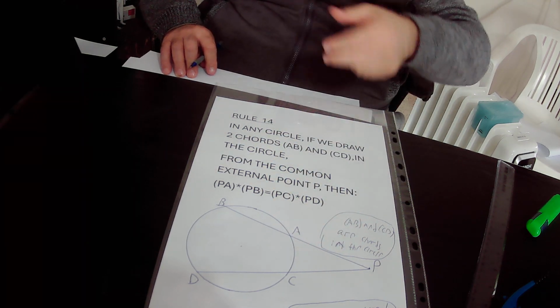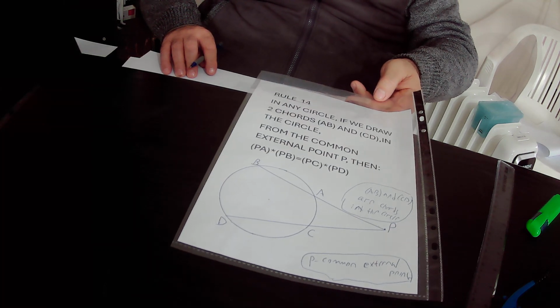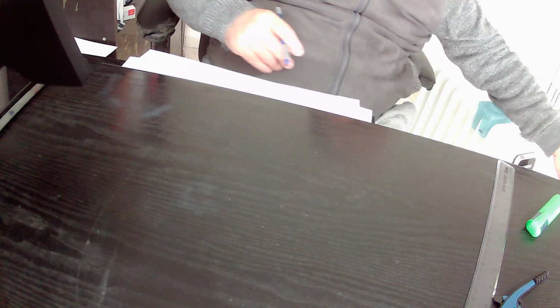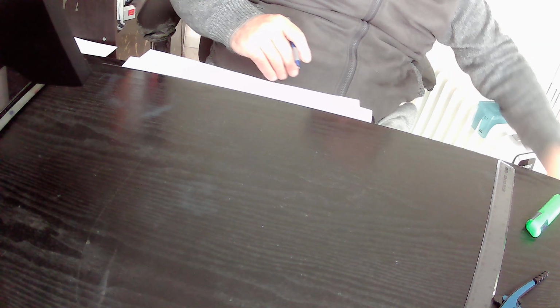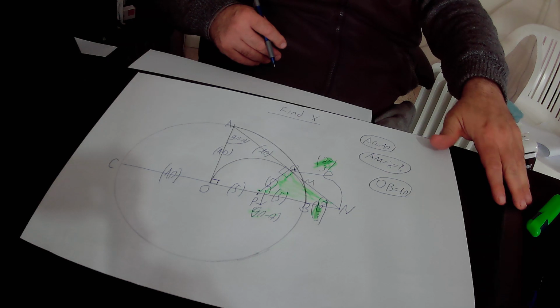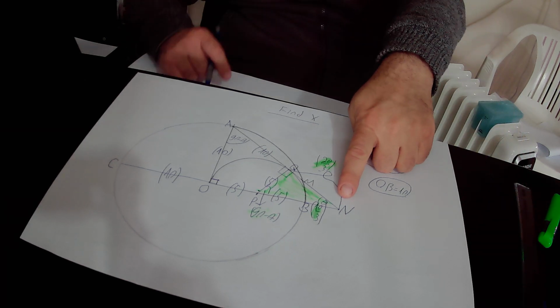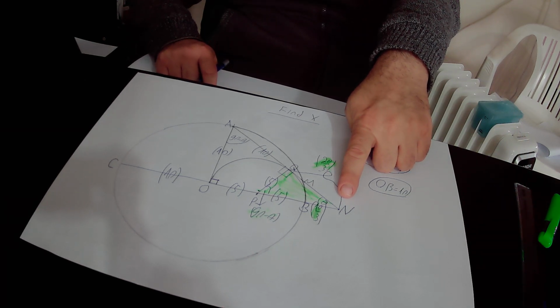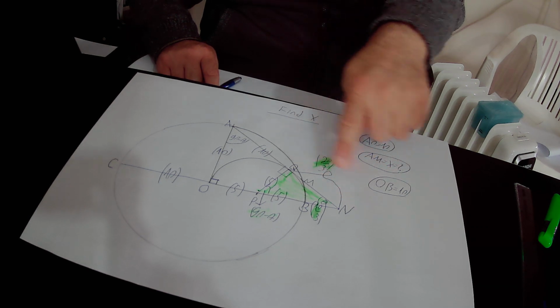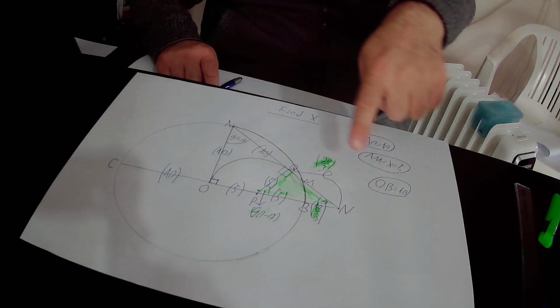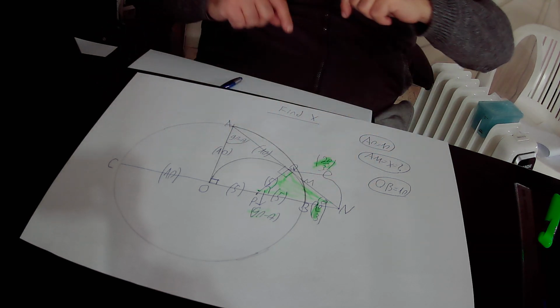Okay, you can actually implement rule number 14 in our drawing. Why? Because in our drawing we have the common external point N. From the common external point N, we have two chords inside this circle, called MA and BC.